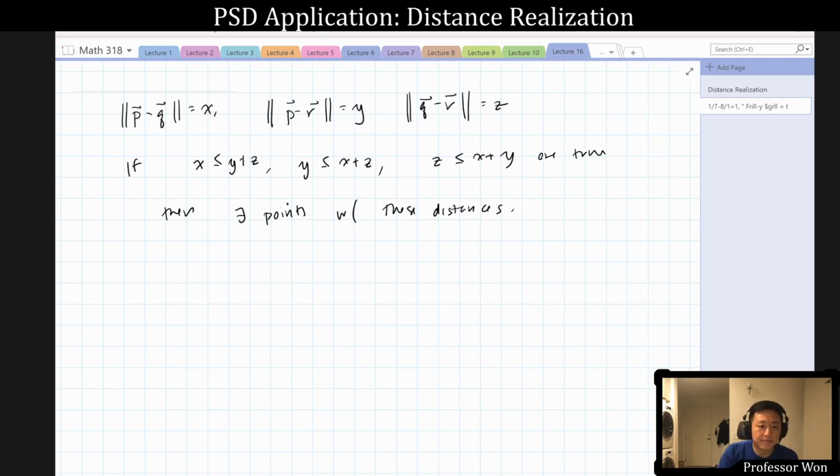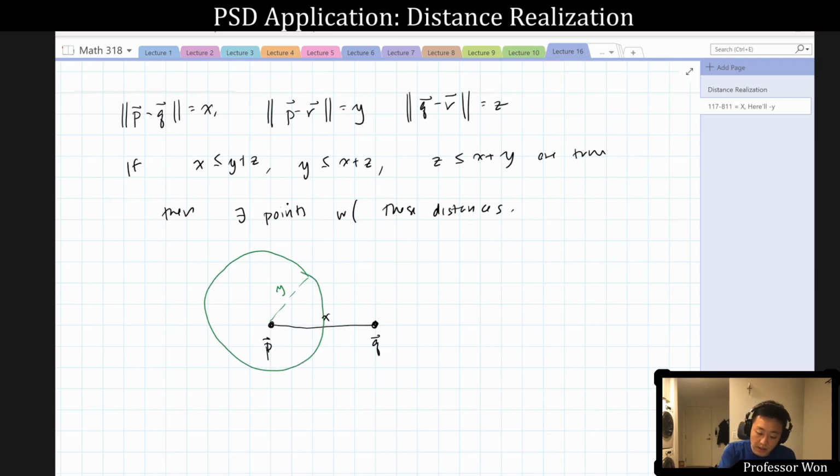Okay, and I think you can probably see this relatively easily. The point is that you can put your first point wherever you want, doesn't matter. And then you can put your second point at the distance x away. And now when you place your third point, you need to be y away from P, but z away from Q. So you take a circle of radius y, and you want to place your point somewhere on there.